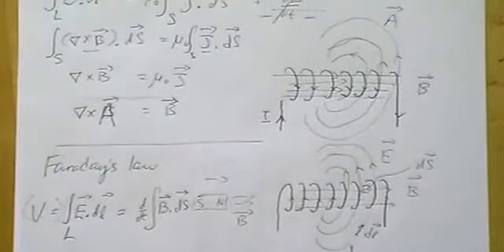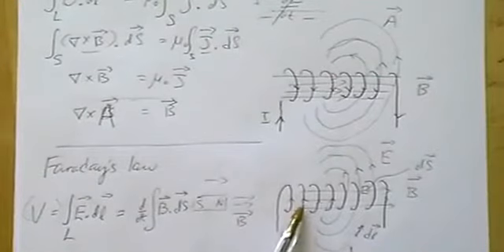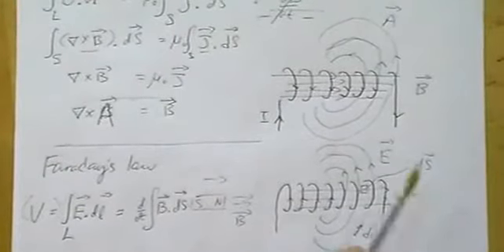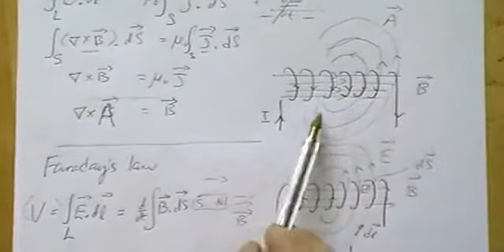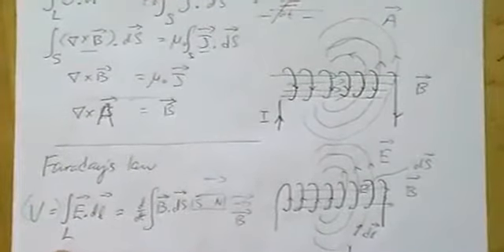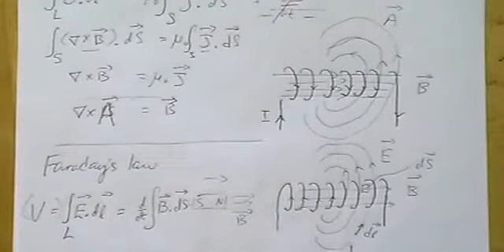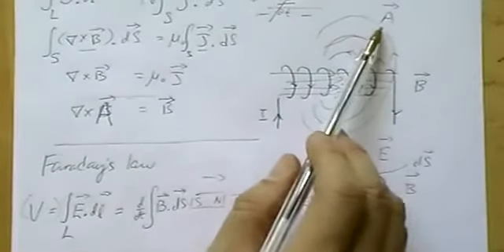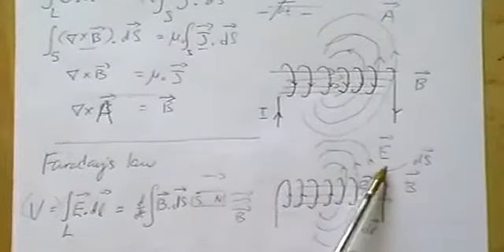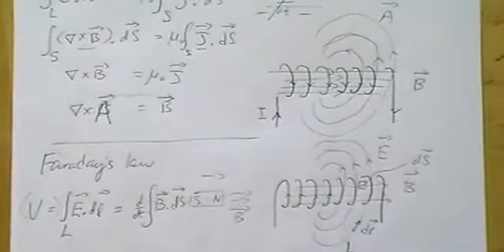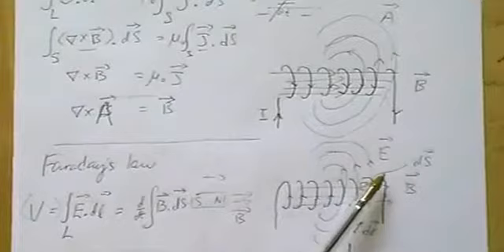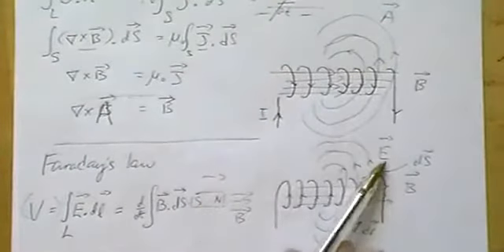Now, let's look at these two pictures together. I have a changing flux here that induces a circular electric field. I have a magnetic field there that produces a circular vector potential field. The similarity is obvious. A corresponds to E, and this similarity means that we can look for a connection between the vector potential and the electric field.